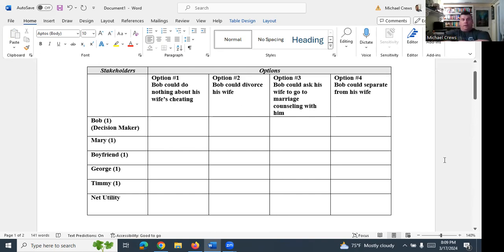Now, what I'm going to do is go in here with 0 bias. Okay. And I'm going to think, what's the possible happiness outcome or unhappiness outcome for each of these options for these people. And I'm going to find the highest net utility, whatever it is. All right. Right now, you might be thinking that you know how you want your case to end up. I don't care. This week, you're an act utilitarian.